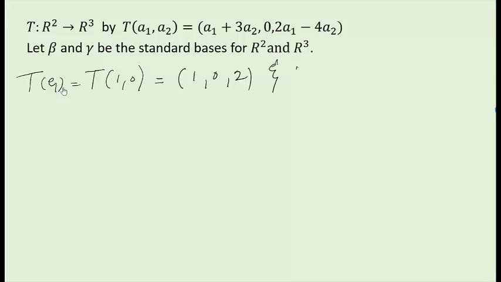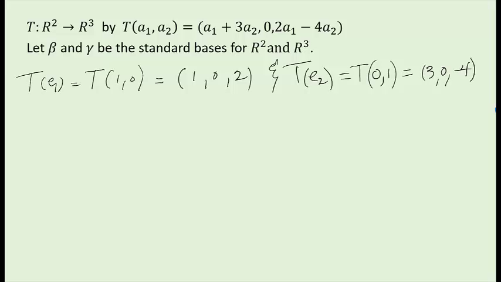And I need to apply the transformation to the second element of the ordered basis for R2, and that is T of (0, 1). Plugging a1 equals 0, a2 equals 1, we get the vector (3, 0, -4). You check that.